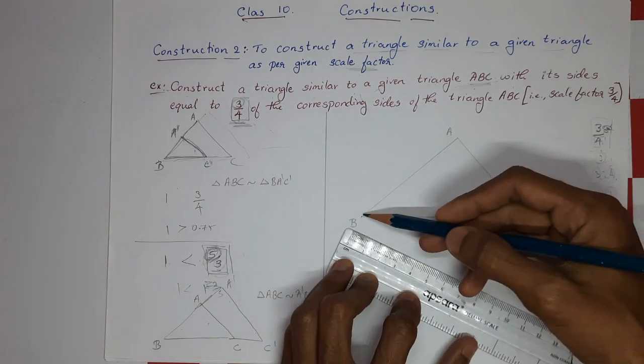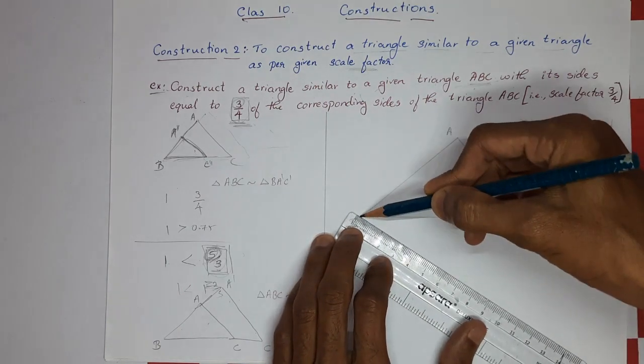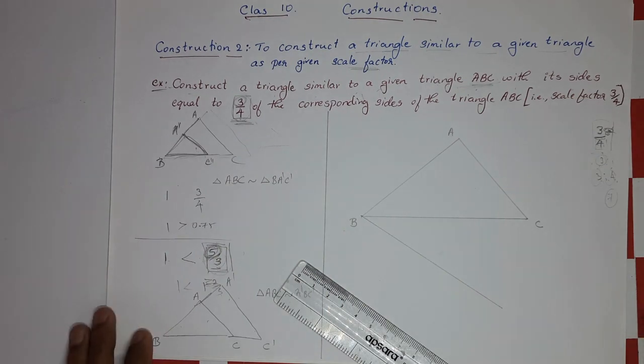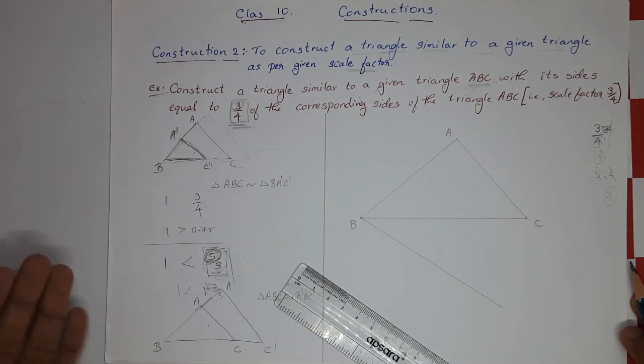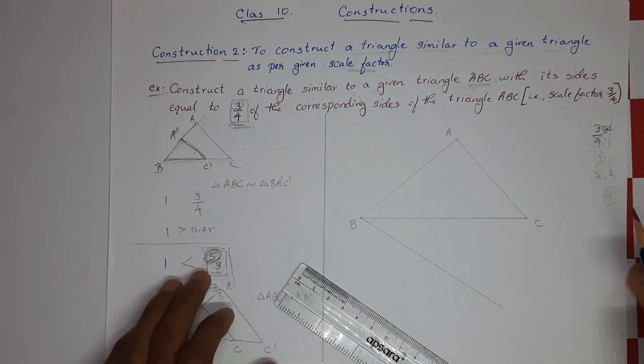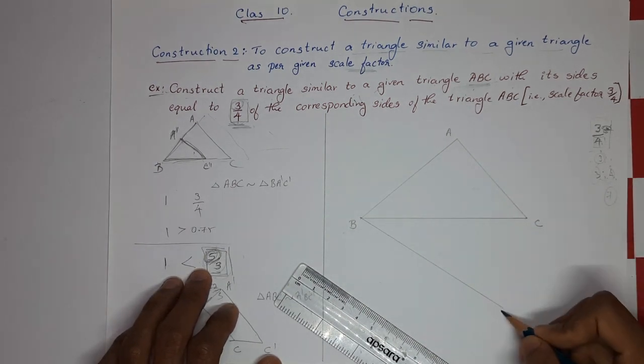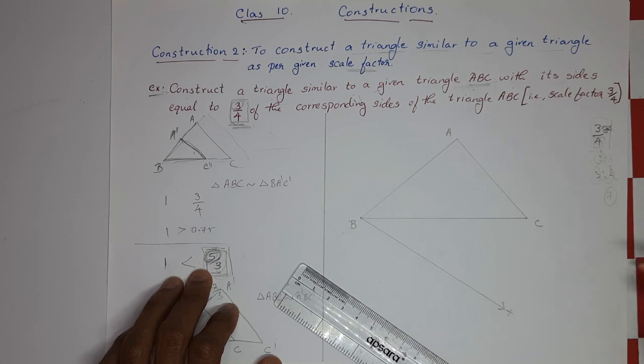So take an acute angle from B. Most importantly, some students will go wrong in a line segment and this triangle. How many parts do we have to make? Take this as X. So BX is the new line, the acute angle you have drawn here.